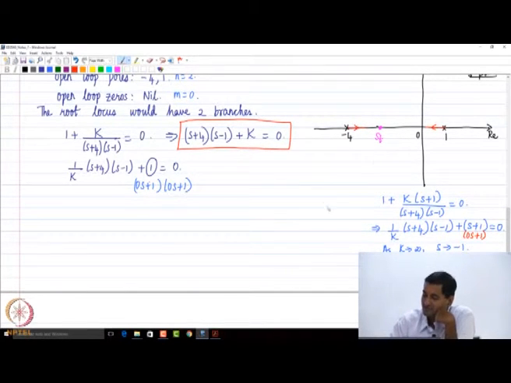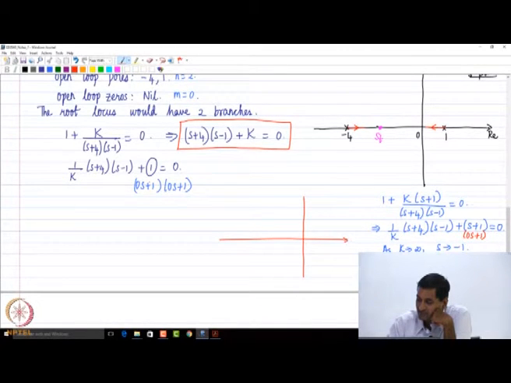Think about it. Let us say, as an aside, I do this. Let us say I had two open loop poles like this, right, and let us say I take a test point like this. So, the first test point is this way, the second test point is this way, right. What is the angle contribution from this test point? It is this, right.